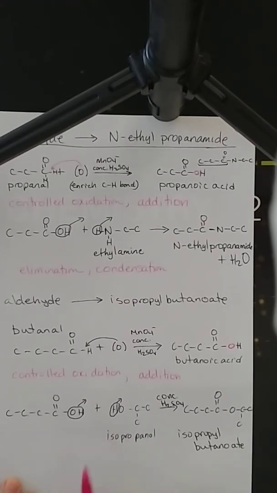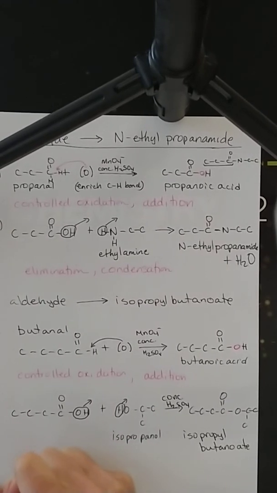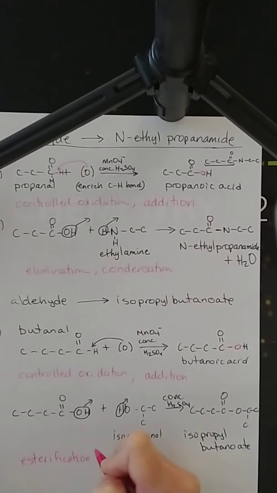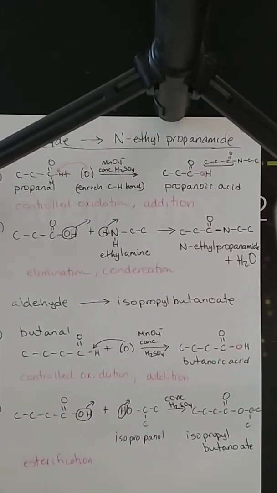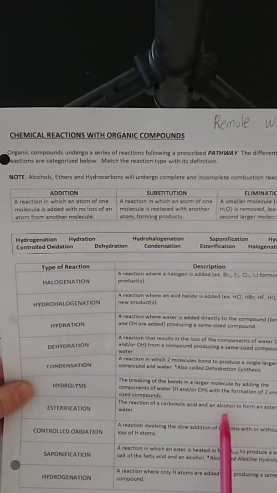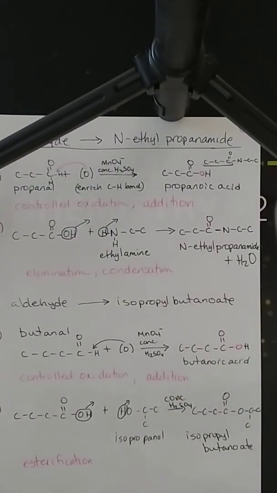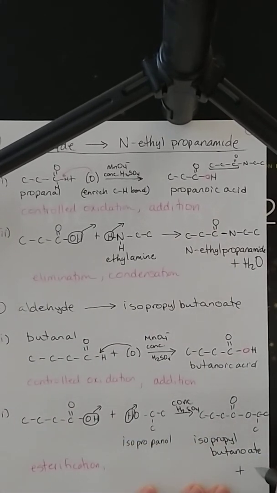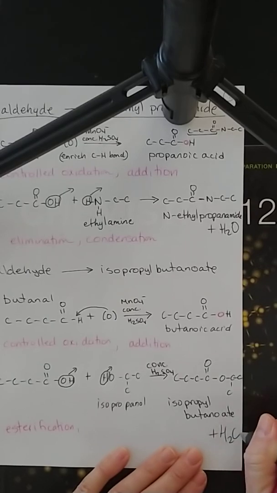And now looking at our types. So we definitely have an esterification because we made an ester. So that was one of your types of reactions here, the reaction of an acid with an alcohol to form an ester. Because we also produced water, so let's put the H2O in here.